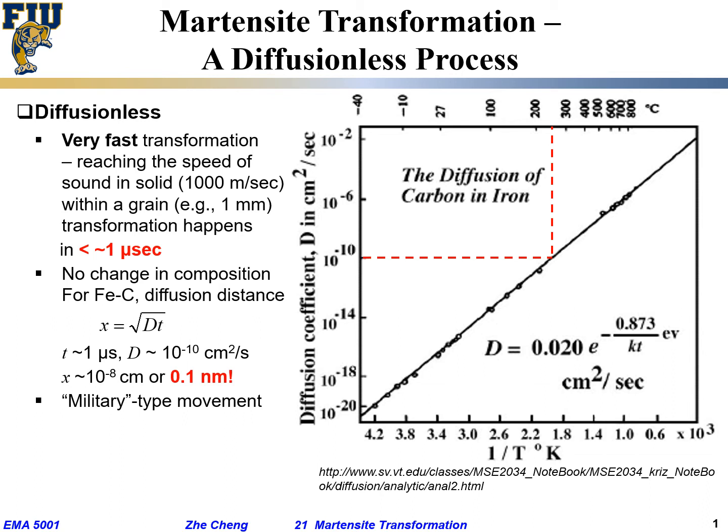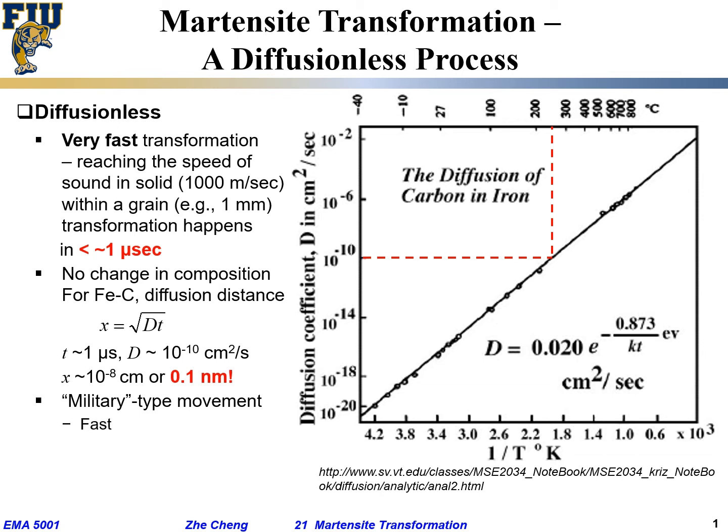That's even 0.1 nanometer, which means within this short period of time, the carbon can at most diffuse 0.1 nanometer. That's much less than a lattice parameter, which means the carbon cannot even move beyond 1 unit cell. Does the carbon go? Does not go. The carbon is still in there. Whatever carbon is in there, it doesn't move. And the transformation process is already finished.